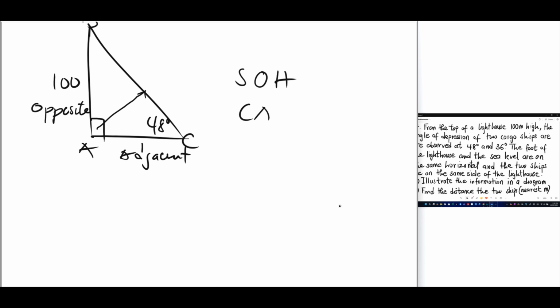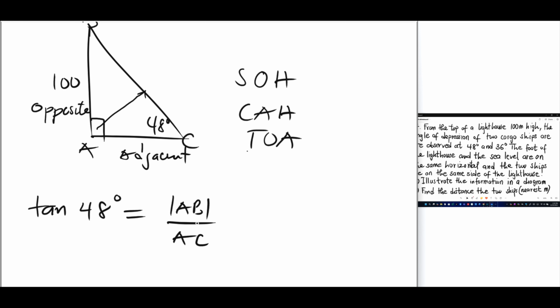So SOHCAHTOA. So it's going to be tan. Tan is opposite over adjacent. So we are going to work with tan 48 degrees equal to AB divided by AC. All right. So our AB is 100.